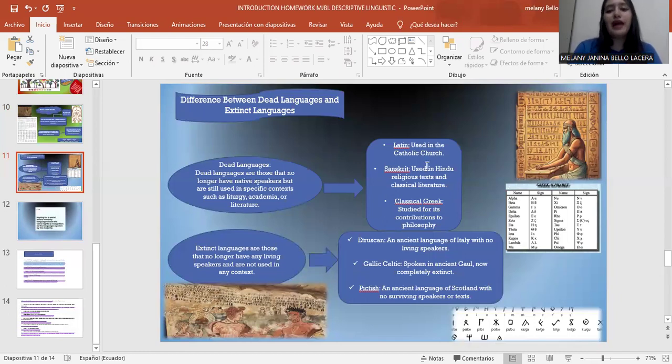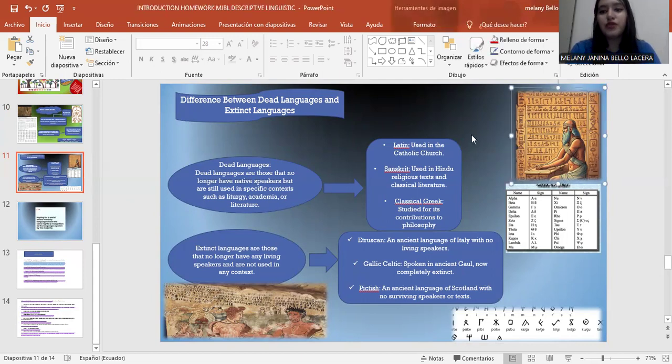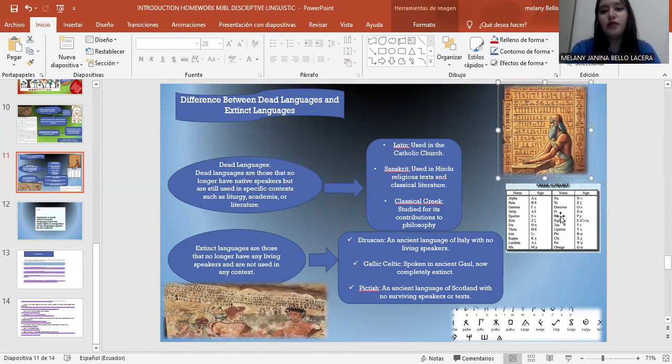We have Latin, which is used in the Catholic Church, Sanskrit, which is used in Indian religious texts and classical literature, and also classical Greek, studied for its contribution to philosophy. We have this picture that is the Latin, and in this part we have the Greek alphabet.